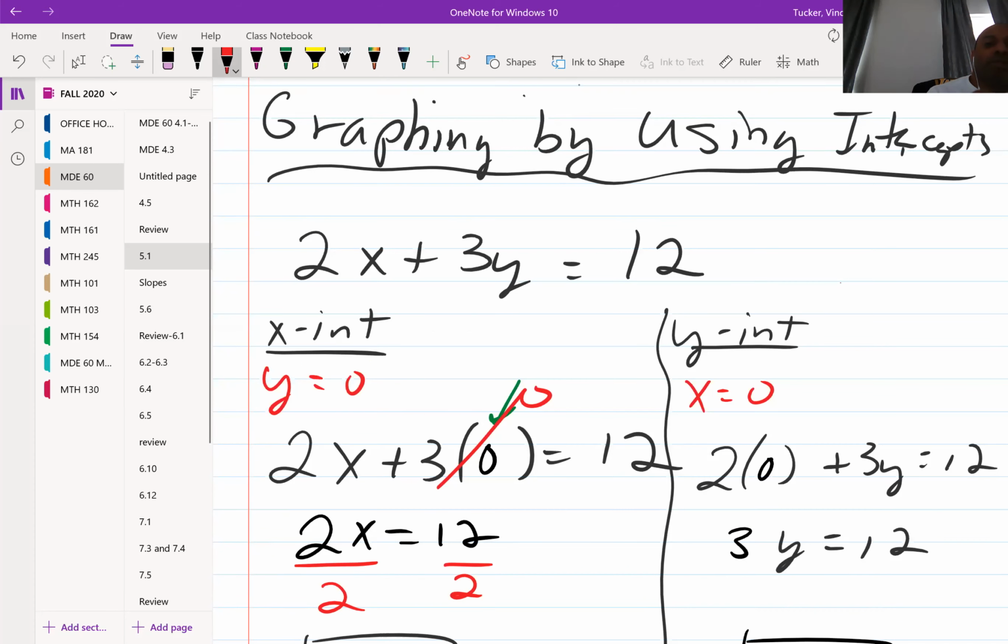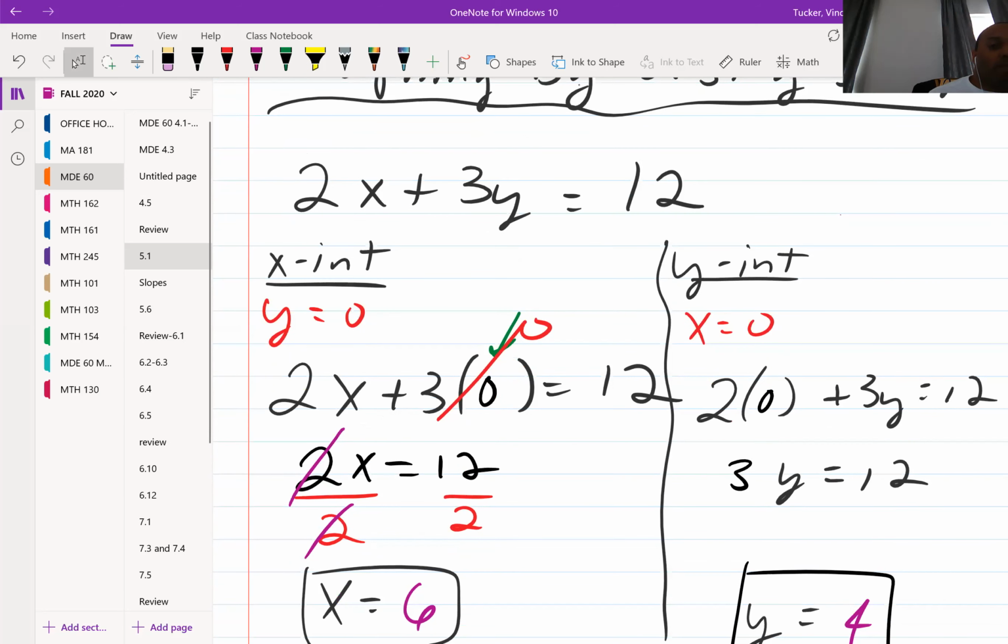Divide by 2 to solve for x, and x is equal to 6. So the coordinates of my x-intercept are 6, 0.